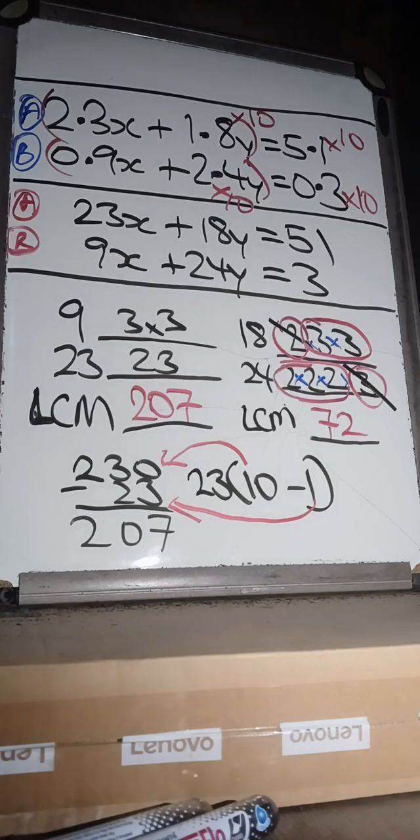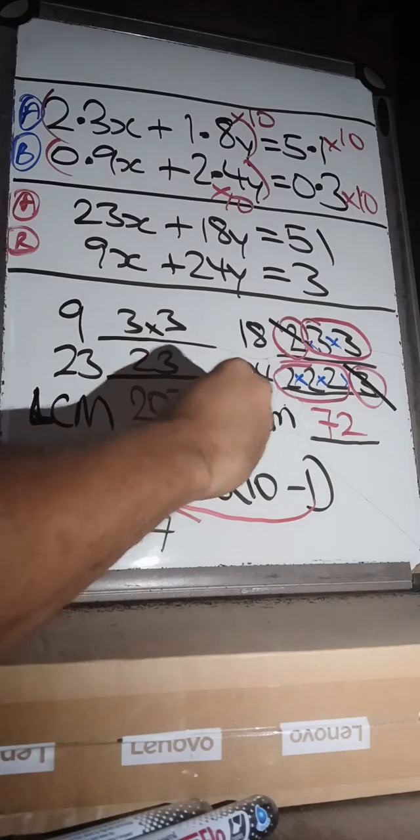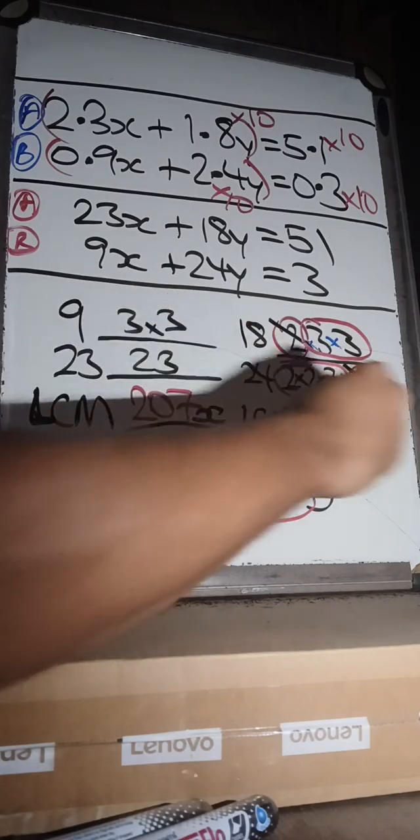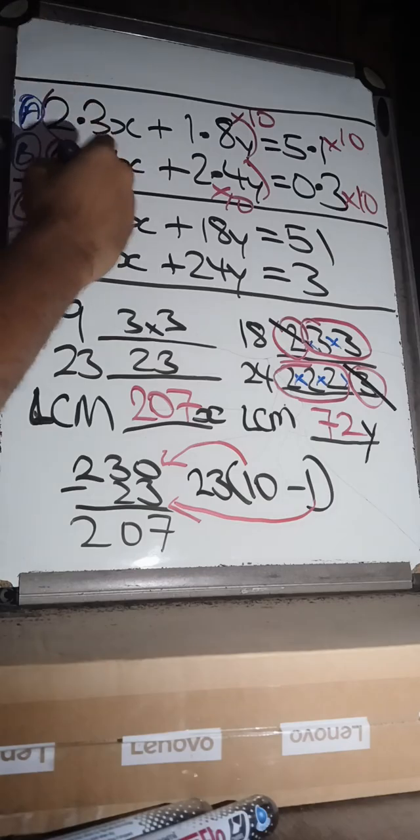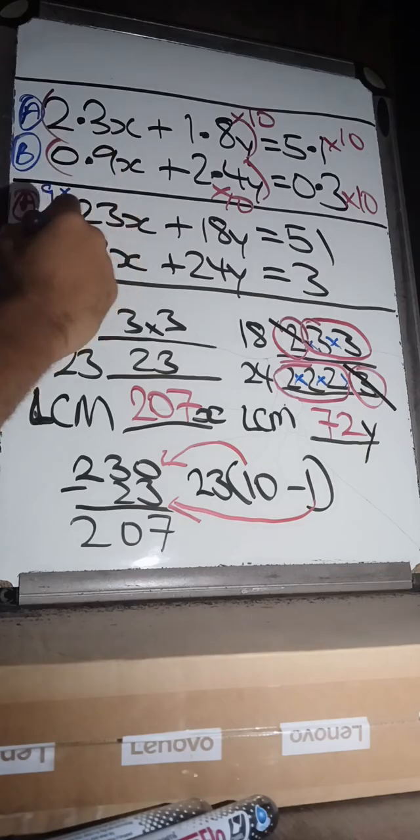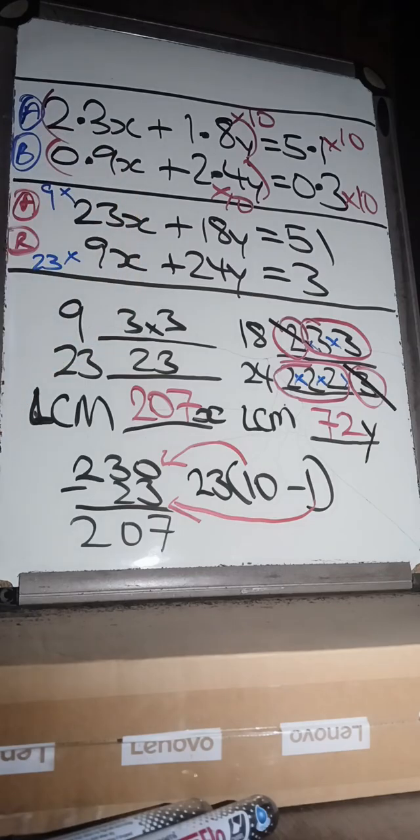So therefore, we're aiming to have 207x, and we're aiming to have 72y. So for one line, we're going to multiply this by 9, that by 23. Then on the other side, I have to be careful now.